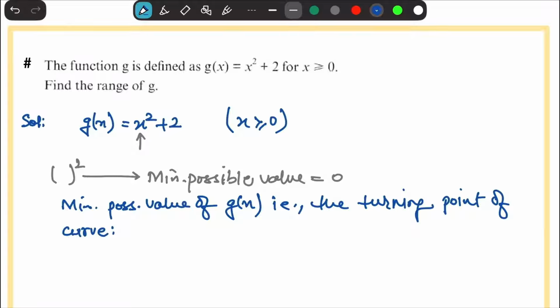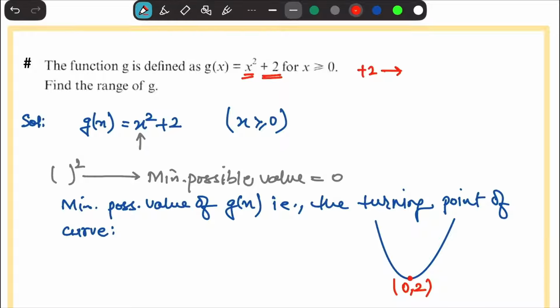Okay, so here I can see the coefficient of x square is positive, so the graph is going to look like this. Okay, and its vertex is going to represent 0 comma 2. Why am I saying this? Because y is equal to x square has its vertex at 0 comma 0. Plus 2 represents that it is shifted upwards.